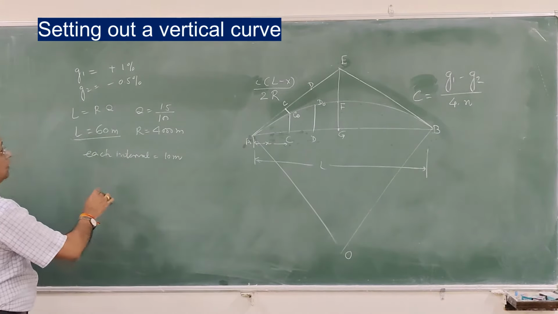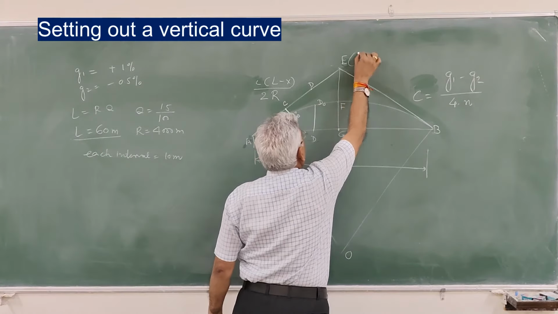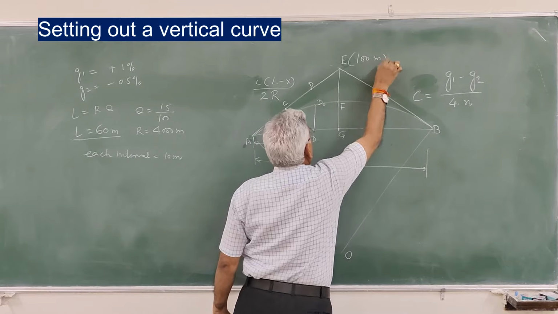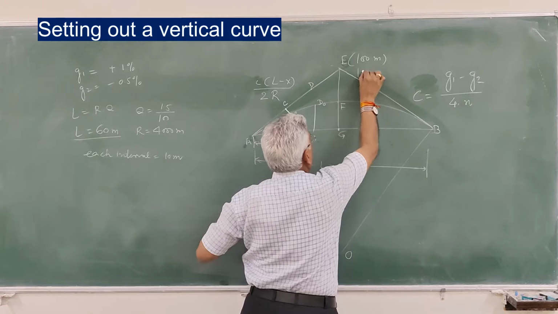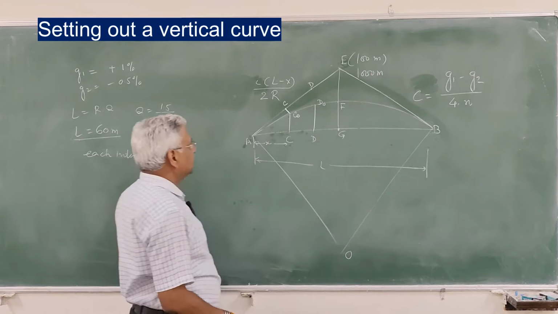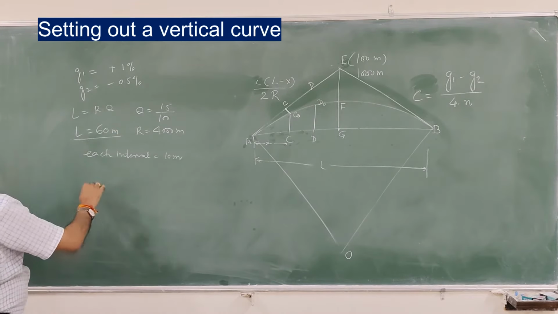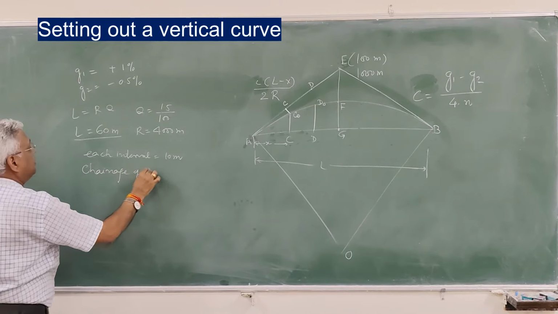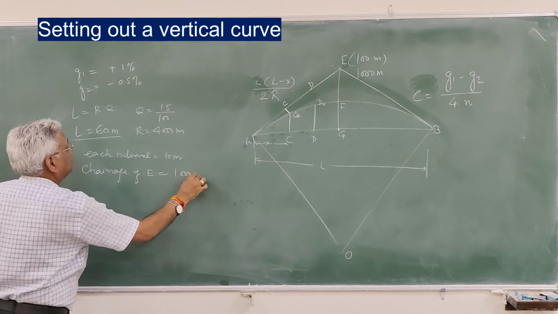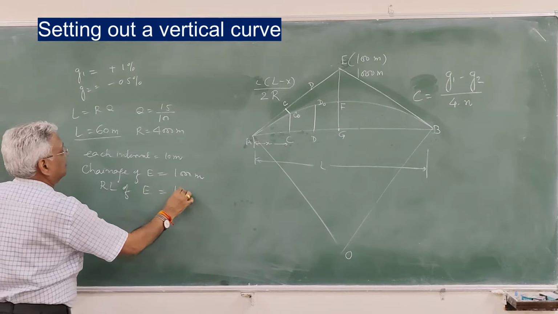So in the chord deflection method, let us assume that the RL of this point E is 100 and the chainage of this point is 1000 meter. Let us say chainage of the highest point, because this point is known in the field because you have two gradients sloping. So chainage of E is 1000 meter and RL of E is 100 meter.